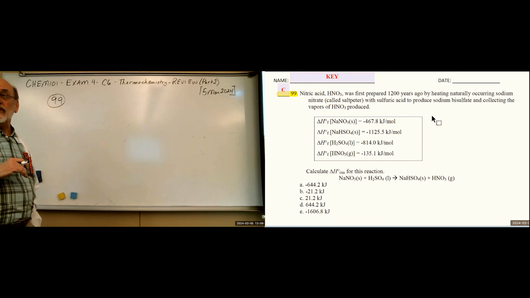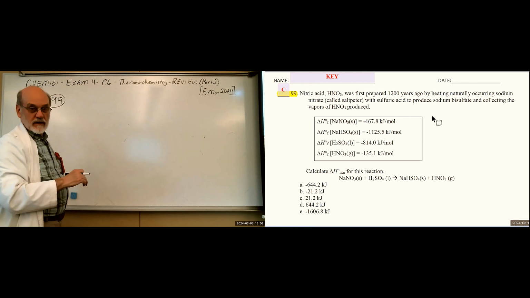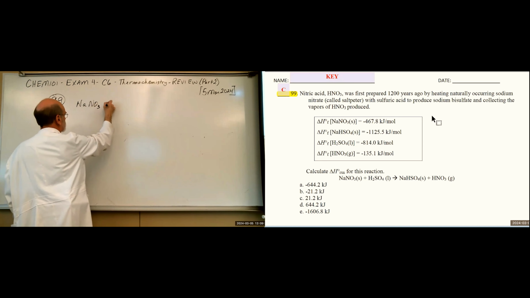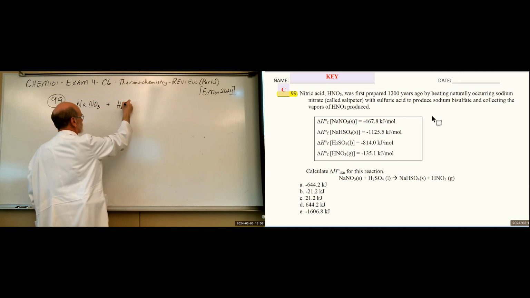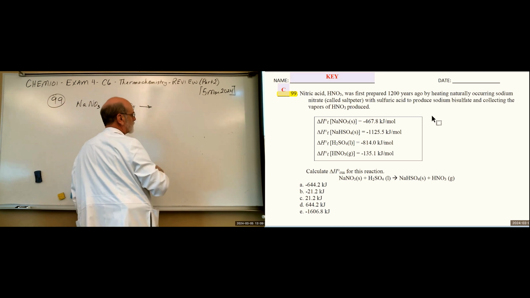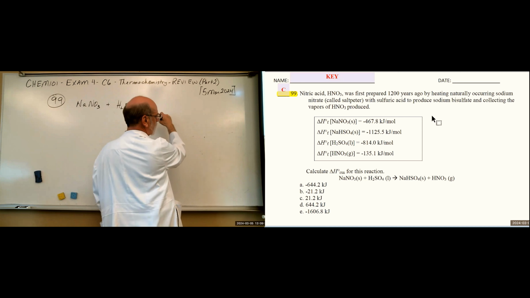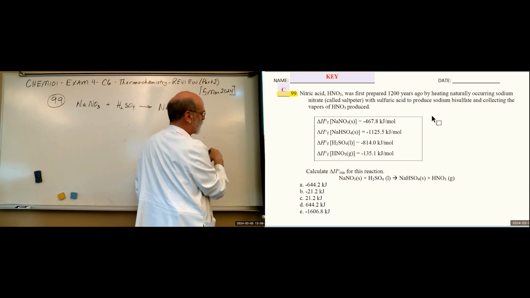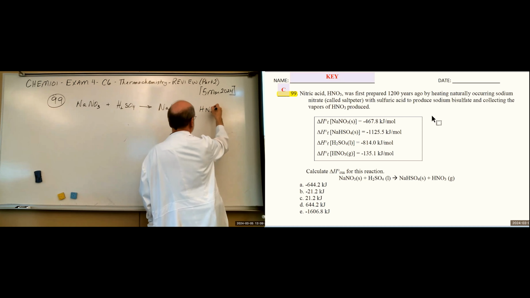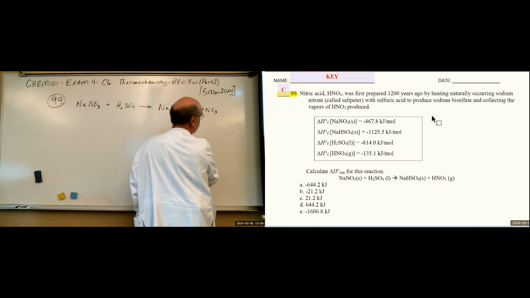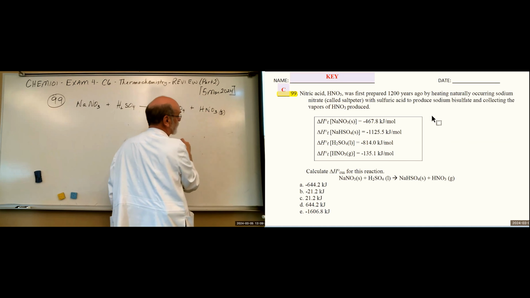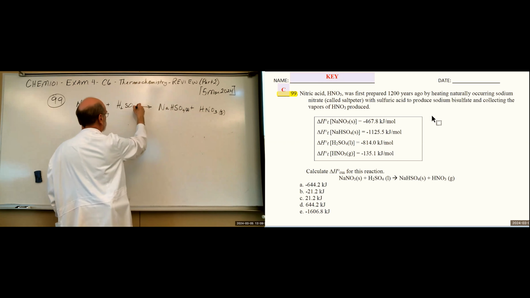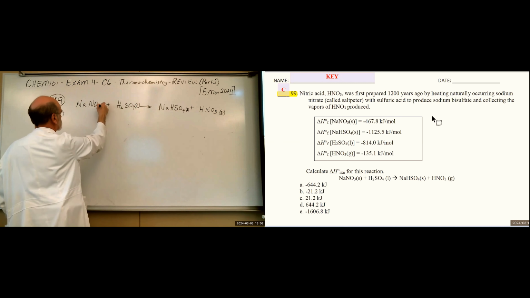Okay, that's fairly simple because we have the heats of formation. So if we go by our equation, sodium nitrate plus sulfuric acid yields sodium bisulfate. That's the old wording. Sodium hydrogen sulfate is proper these days. Plus HNO3. I better put the states, because the standard heats depend on that. Liquid and solid.